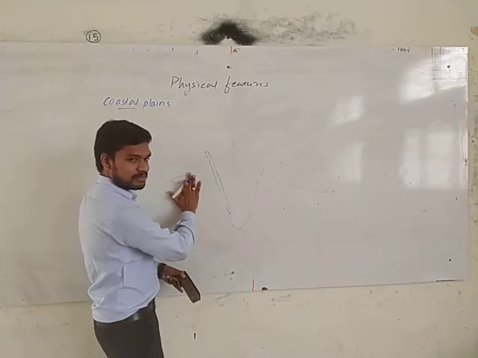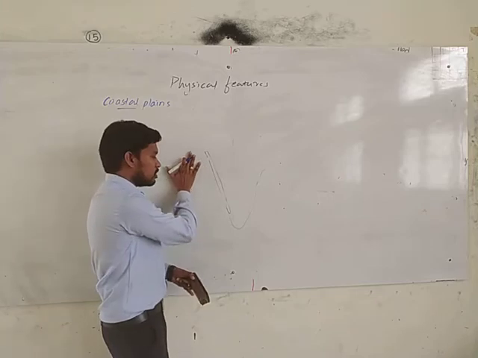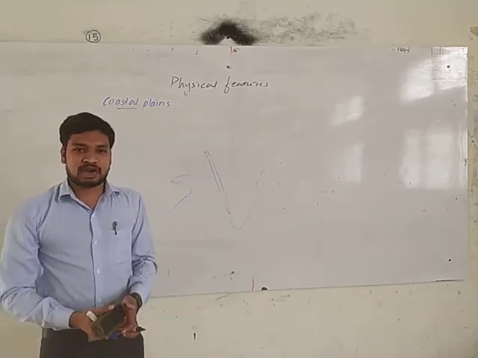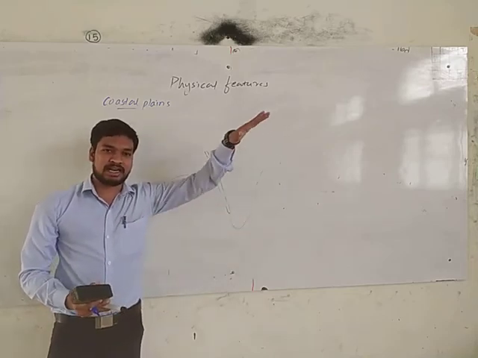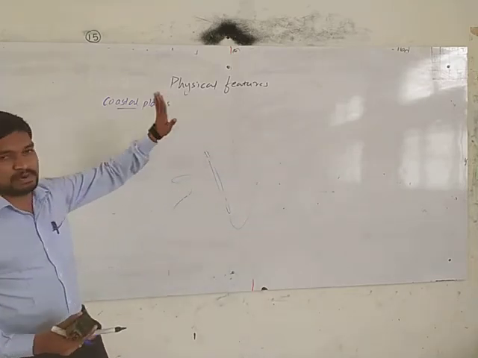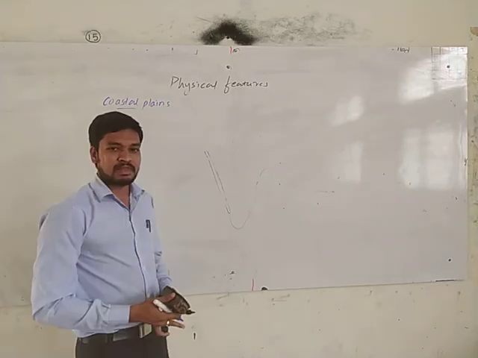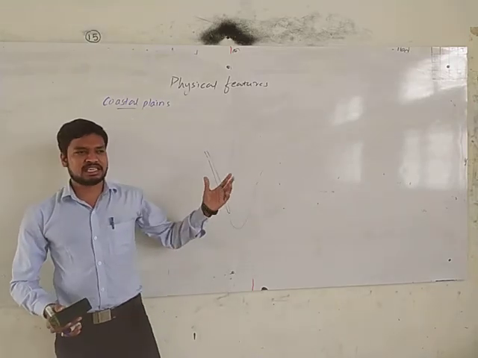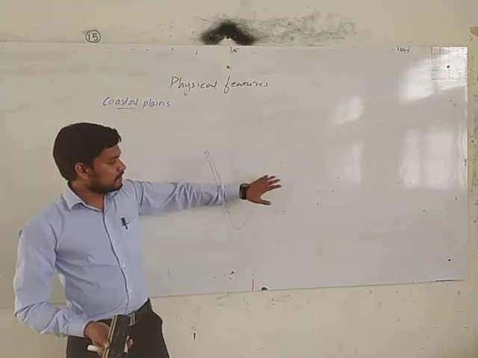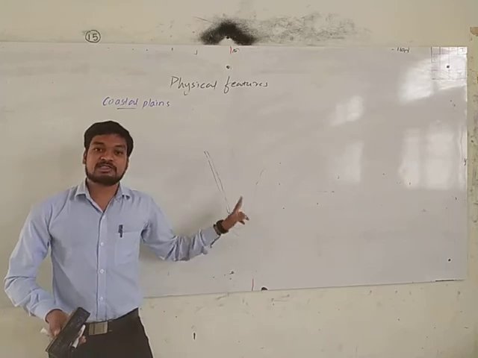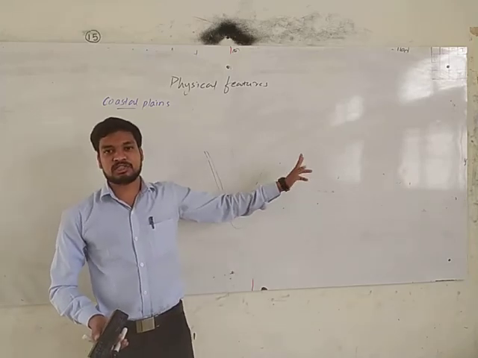One part of it will be covered by the water, and another part of this coastal plain will be joined by the upper land. In India, it has significant importance and its own value, because in the southern part of Asia, India is the only country which has the longest coastal line, coastal plain.